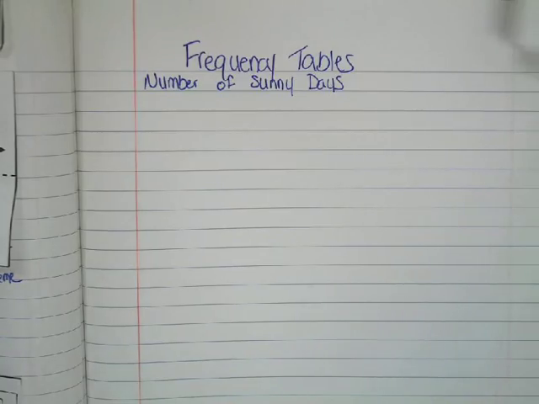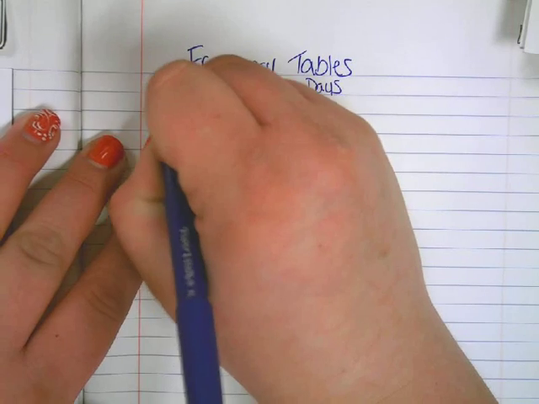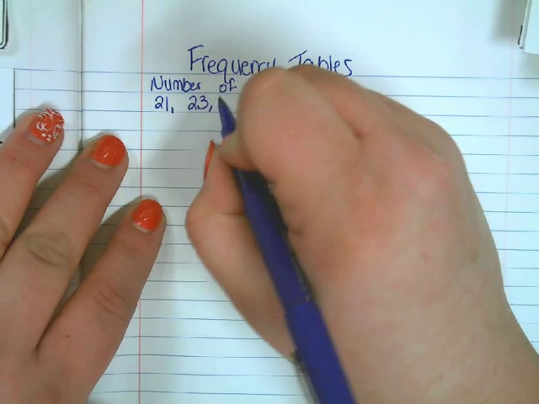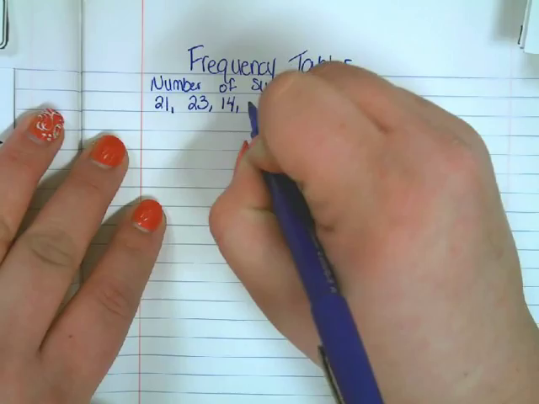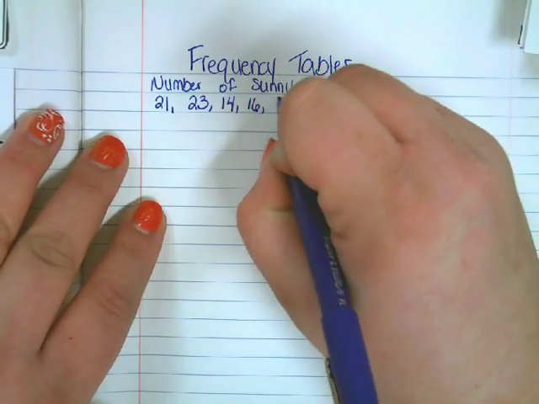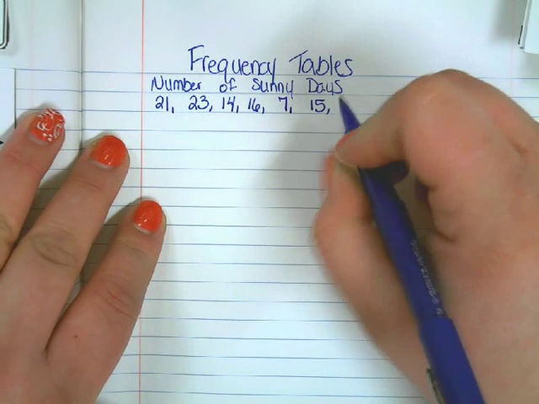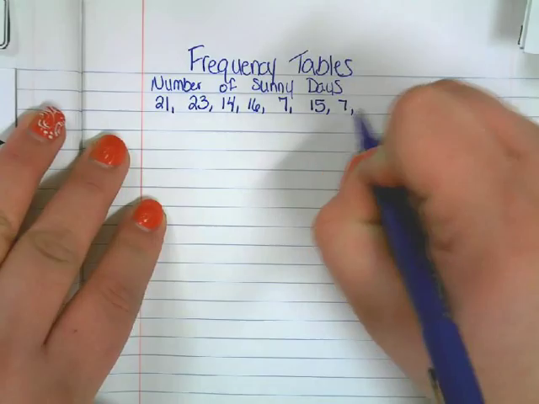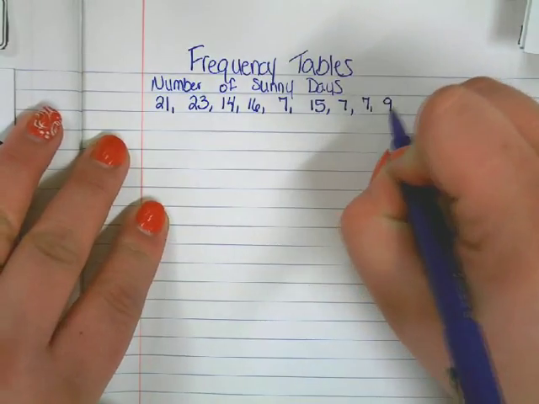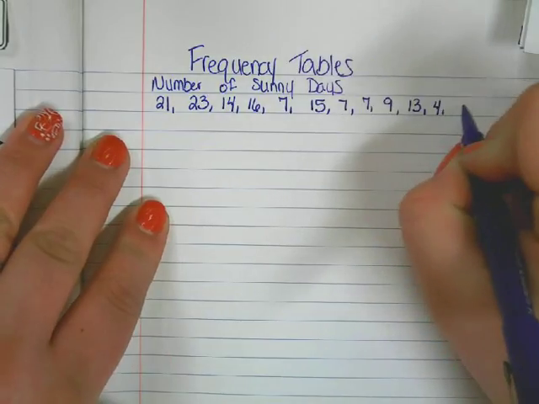Okay, so what I want you to do is write the numbers down. 21, 23, 14, 16, 7, 15, 7, 7, 9, 13, 4, and 8.